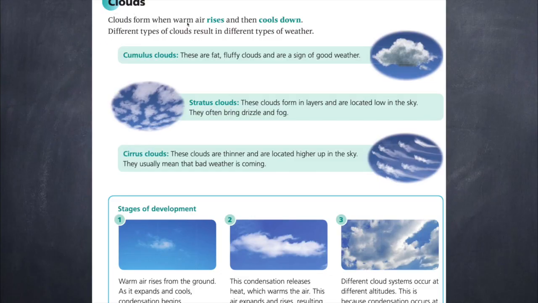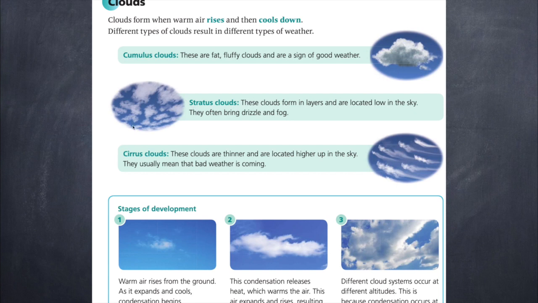Now we are going to talk about clouds. Clouds form when warm air rises and then cools down. We have different types of clouds. Remember, we have cumulus clouds. These are flat, fluffy clouds and are a sign of good weather. So that means good weather is coming.